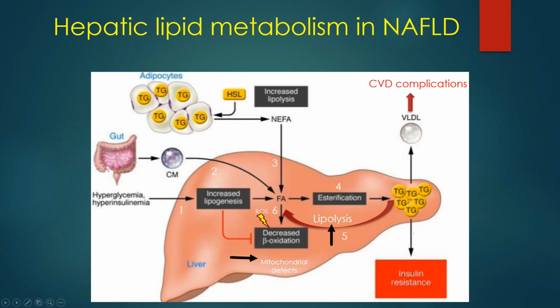So this process, the breakdown of triglyceride into free fatty acids, because then we can shuttle them for beta oxidation. Because in NAFLD generally this process gets quite slow, lipids are not broken down and they just keep on accumulating in the liver. So how can we increase this process? This was the major aim.